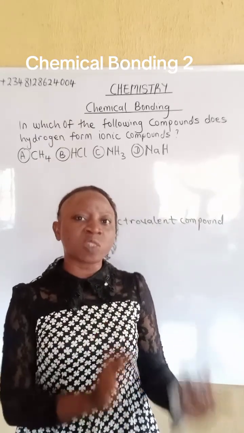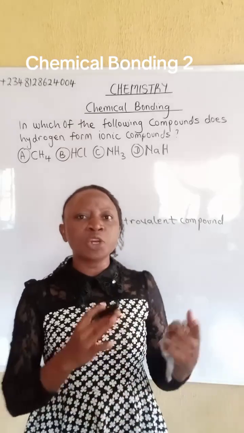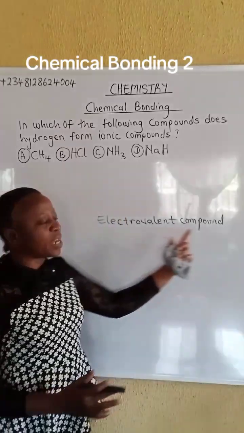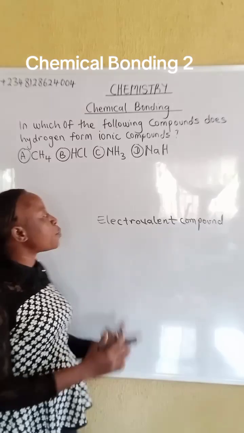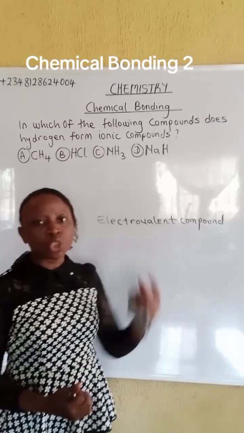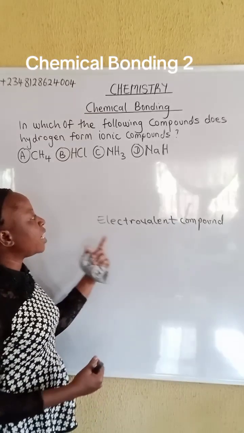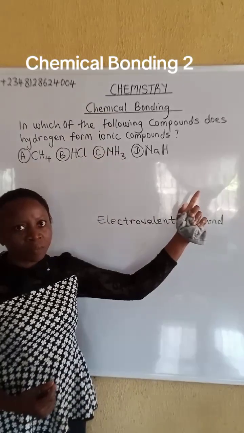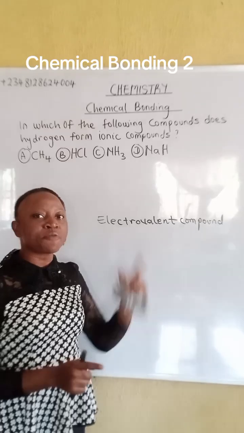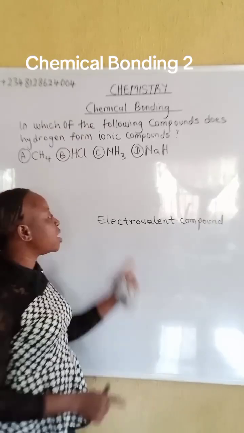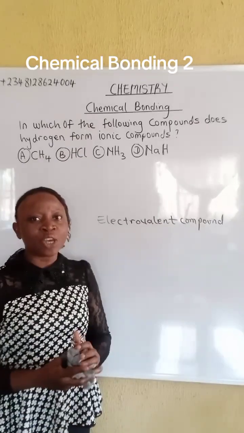When a compound consists of a metal and a non-metal, we call it what? Electrovalent compound. So the type of chemical bond that join a metal with a non-metal is known as electrovalent bonding. But a compound that consists of a metal and a non-metal is known as electrovalent compound.